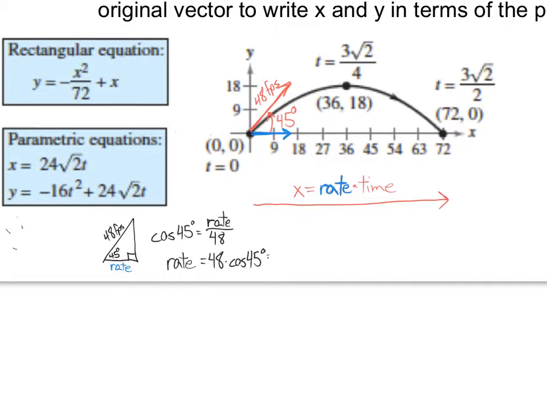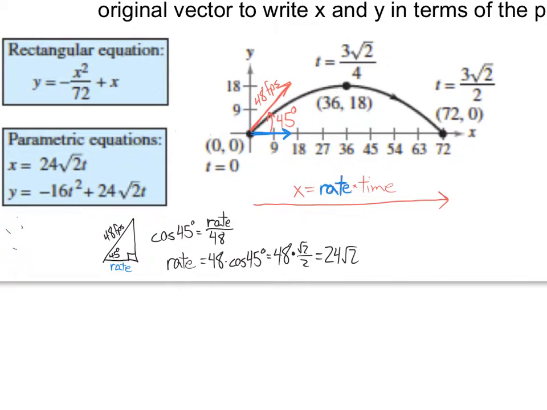Square root of 2 over 2. So it's 48 times the square root of 2 over 2. That's the square root of 48. No, it's 24 square root of 2. Just the 2 cancels with the 48, leaving you 24 times root 2. Oh, we were multiplying it, okay. Yeah, we're multiplying.